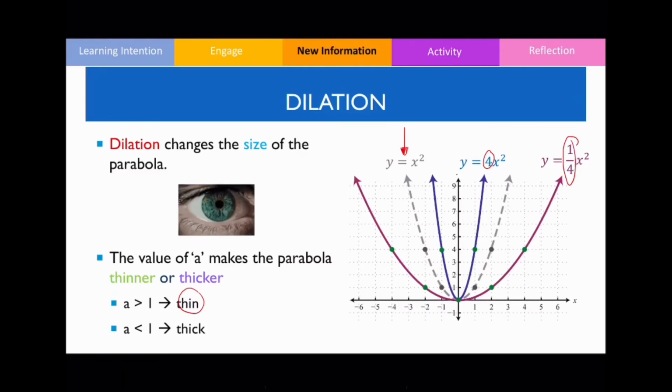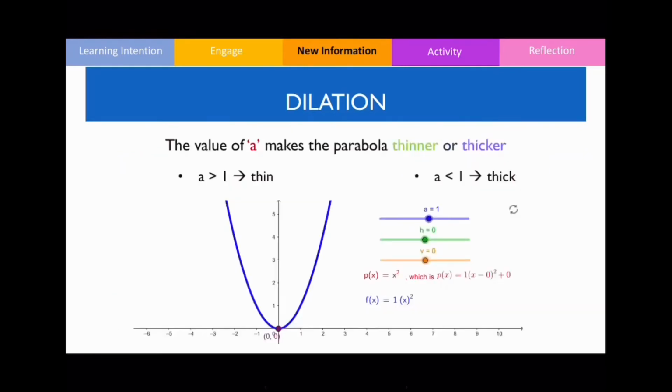Now, in the video before, what I was showing you is what would happen to the value of a in the standard form, y equals ax squared plus bx plus c. But if you change the value of a in the turning point form, you would see this also happens in the exact same way. Just to recall, the turning point form was y equals a bracket x minus h whole squared plus k.